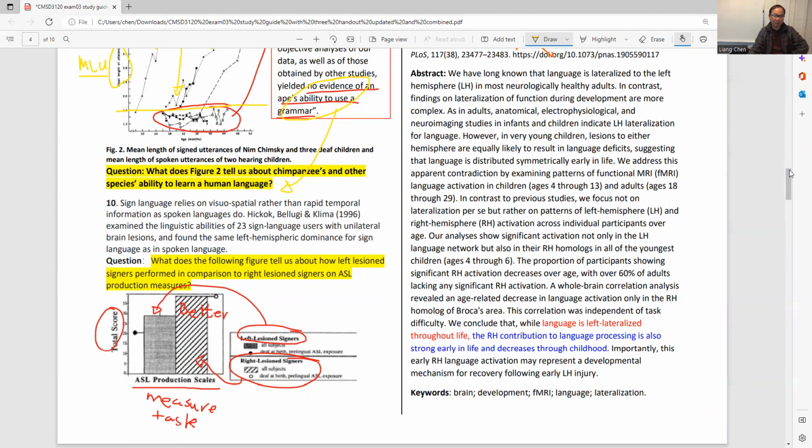If you compare the total scores of these groups, obviously the right side did better. The right lesion group performed better than the group with left hemisphere damage, very similar to what we have seen in hearing participants.